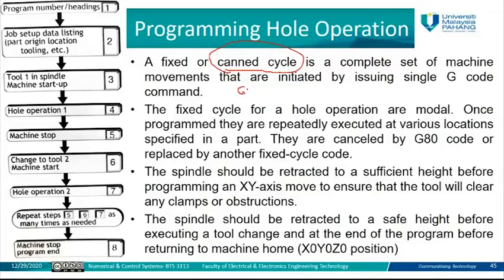Also, the position of the spindle before and after creating such holes on the workpiece needs to be defined clearly in the code, so the spindle will not affect the workpiece.